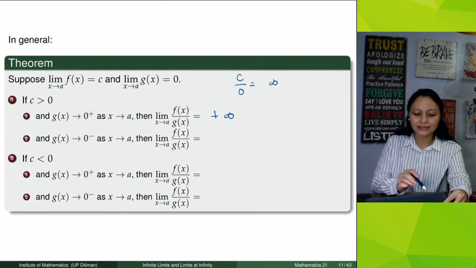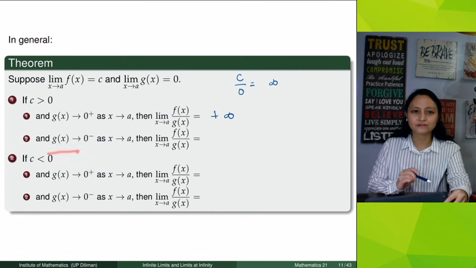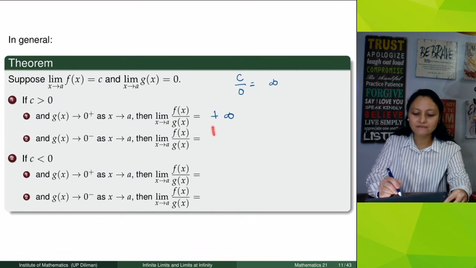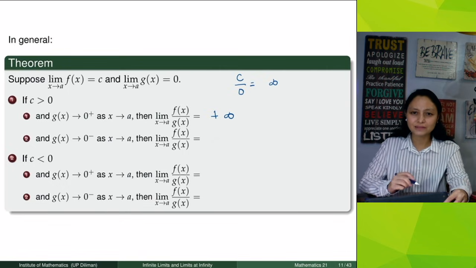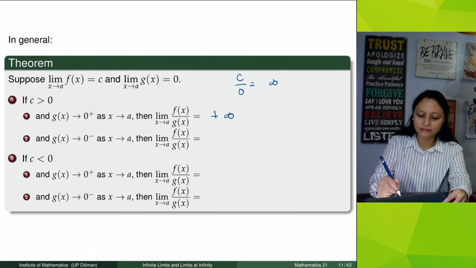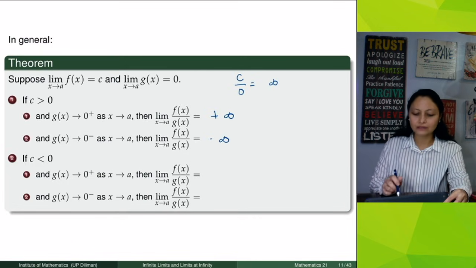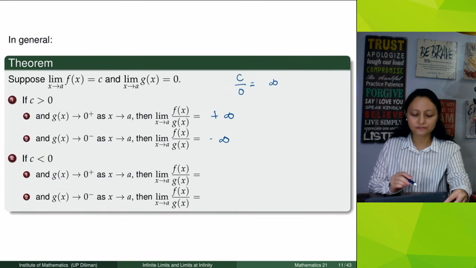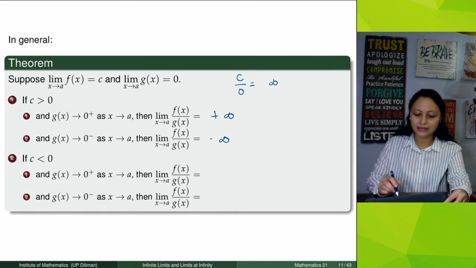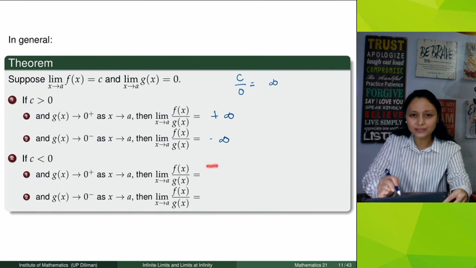Similarly, again, the constant is positive and g of x approaches 0 from the left. So, you have a positive value divided by 0 from the left. Positive divided by negative is negative. Therefore, this is equal to negative infinity. Now, if the constant is negative and g of x approaches 0 from the right as x approaches a, so you have a negative value in the numerator divided by 0 from the right.